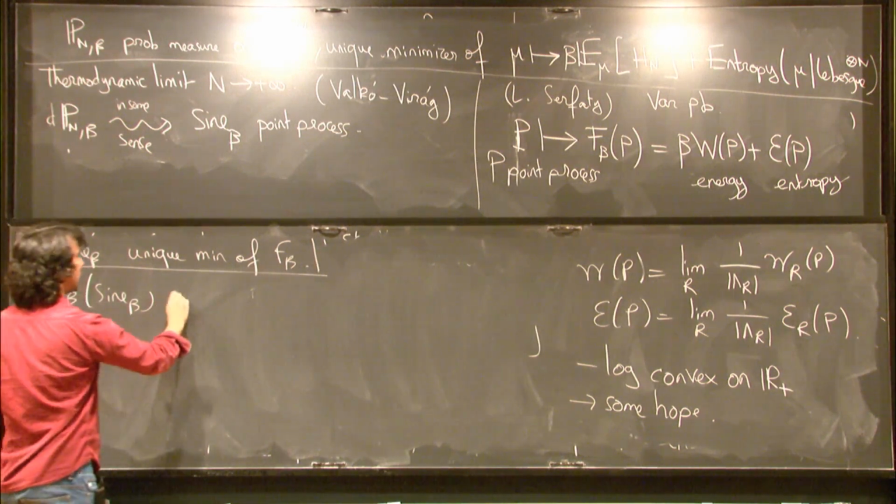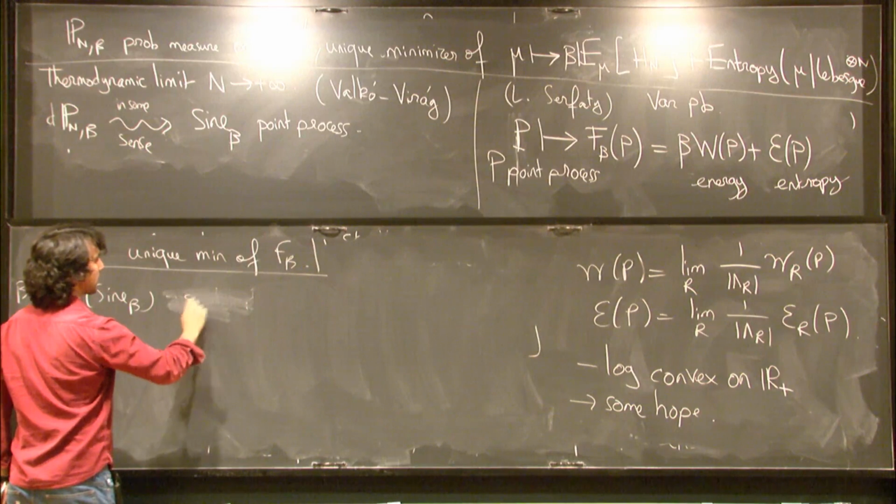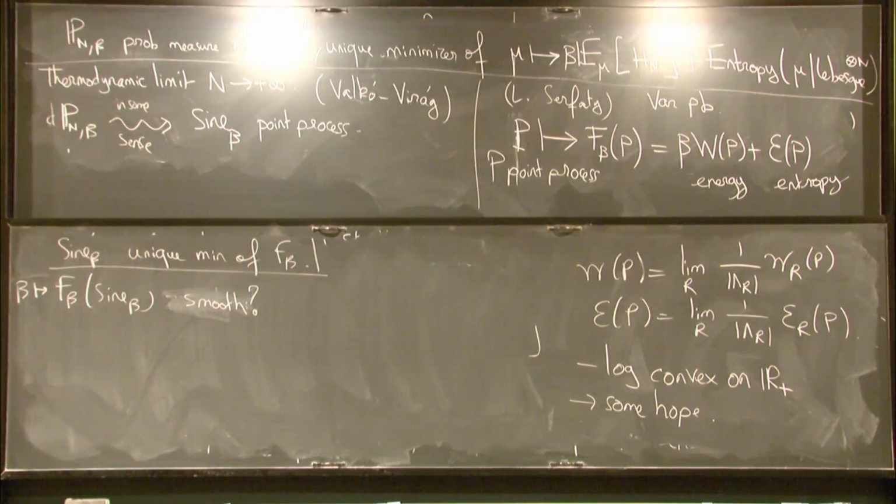And you can ask, is that regular in beta or smooth? That's a typical question in statistical physics. If that fails to be C1, you say there is a first order phase transition. If that fails to be C2, there is a second order phase transition. In fact, it's analytic in beta because we have an explicit formula for this.